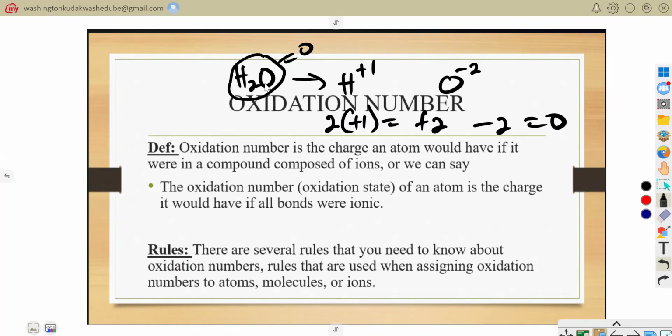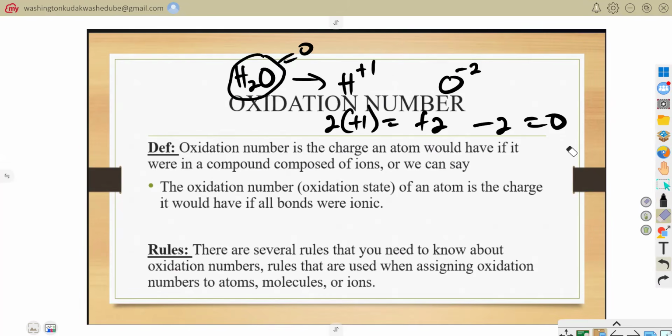But for each atom, hydrogen has a charge of positive 1. That is its oxidation number. So it has an oxidation number of positive 1. Oxygen has an oxidation number of negative 2.